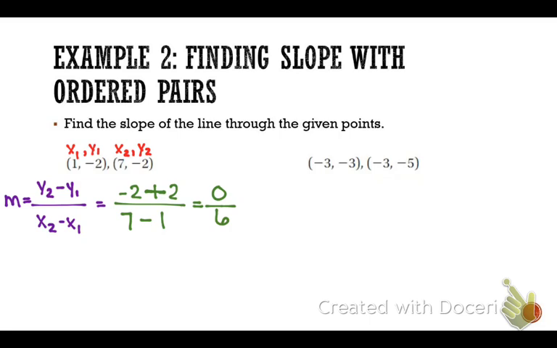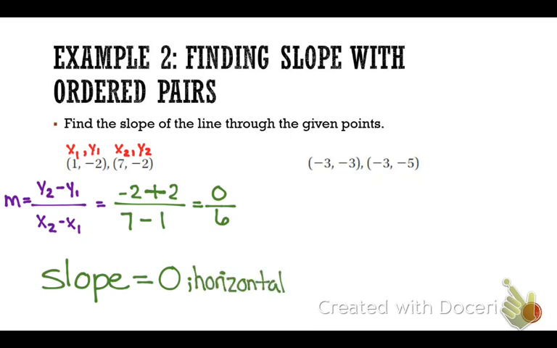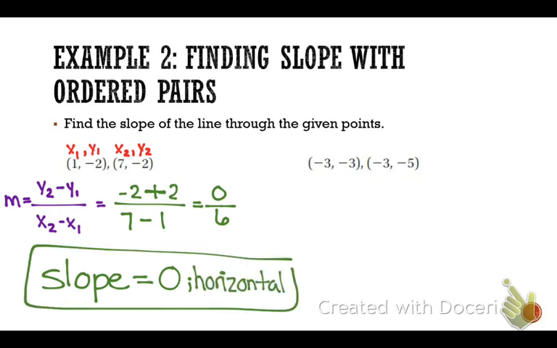If it is in your numerator, that means there's no change in your rise. That means the points are next to each other. That means it's a horizontal line. And going back to the beginning of your notes, a horizontal line has a slope of 0. So you will specifically say slope is 0 and this is a horizontal line.